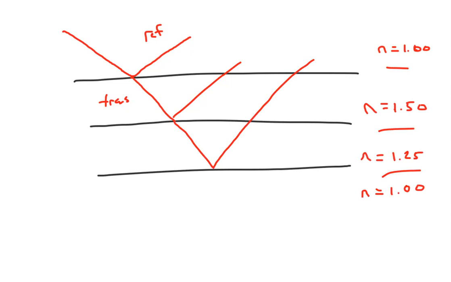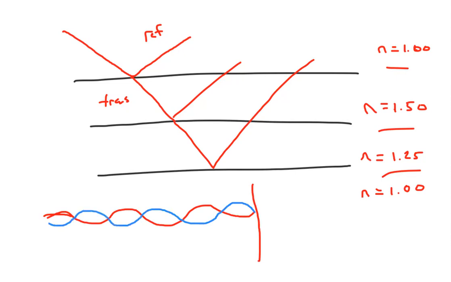If you're going from a soft boundary to a hard boundary, what happens is the wave flips. If you send a wave down a rope and it's connected to a wall, when that rope hits the wall, the reflected wave, right, is going to be flipped. It's going to be 180 degrees out of phase is what we say.